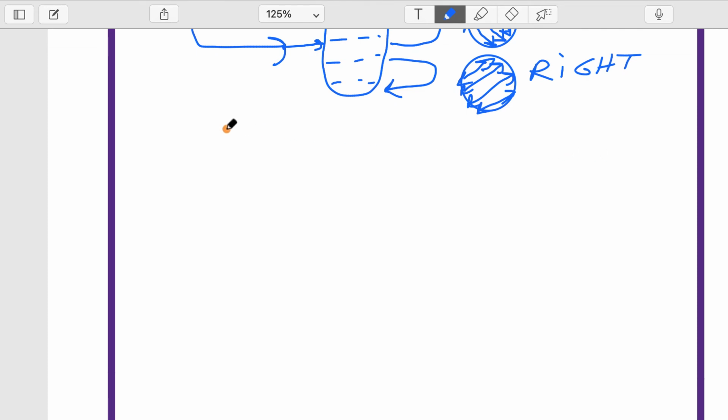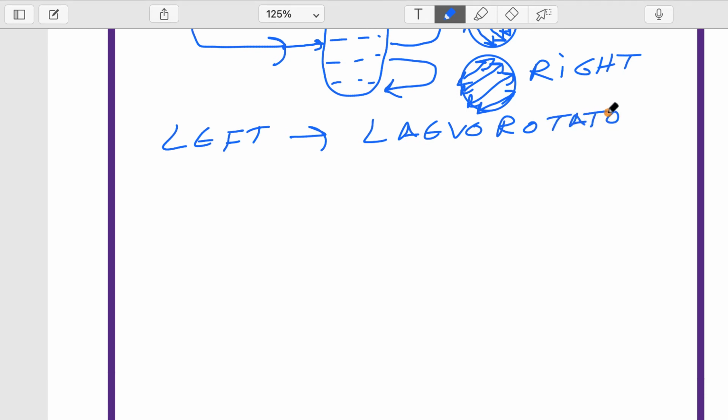If it is towards the left, we call it levorotatory. If it is right, we call it dextrorotatory.